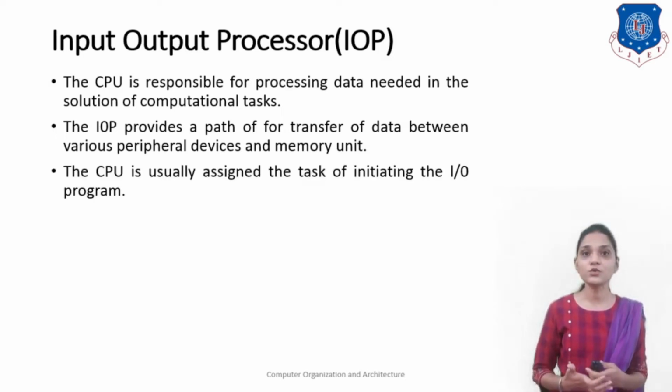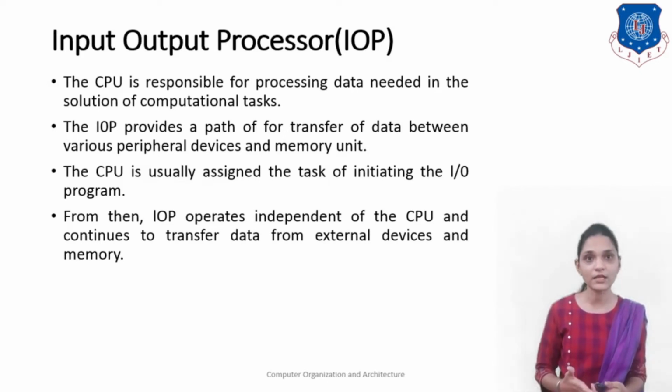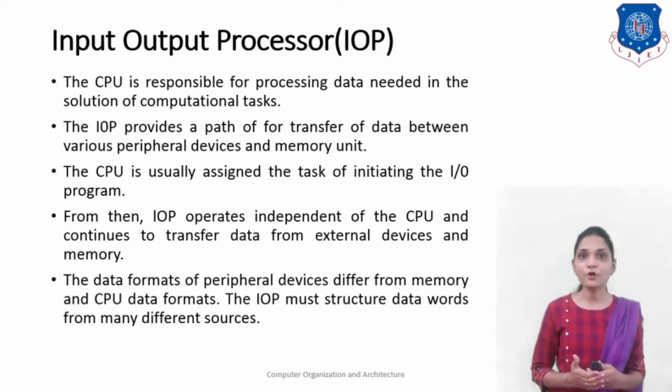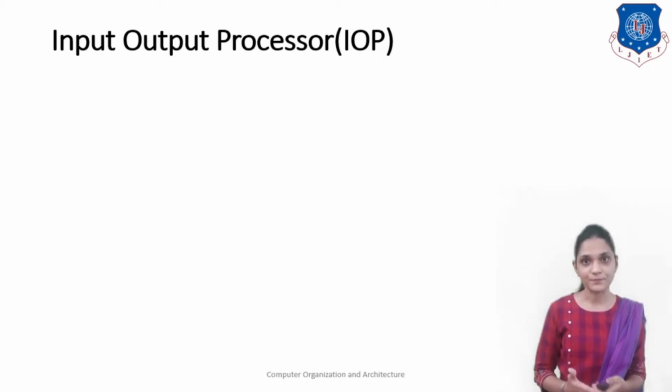The CPU is usually assigned the task of initiating the IO program, and from then the IOP operates independent of the CPU and continues the transfer of the data between the external device and the memory. The data formats of the peripheral devices differ from the memory and CPU data format, and the IOP must structure the data words from many different sources, because it has many peripheral devices.